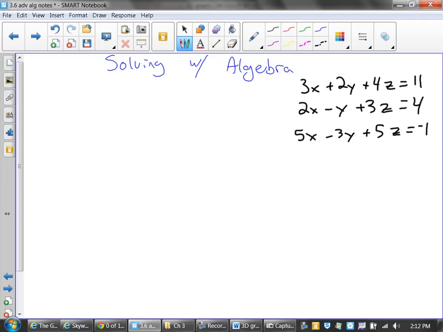I'm going to take 2 times the second equation, and I get 4x minus 2y plus 6z is 8. I just multiply that second equation by 2. To that, I'm going to add the first equation.